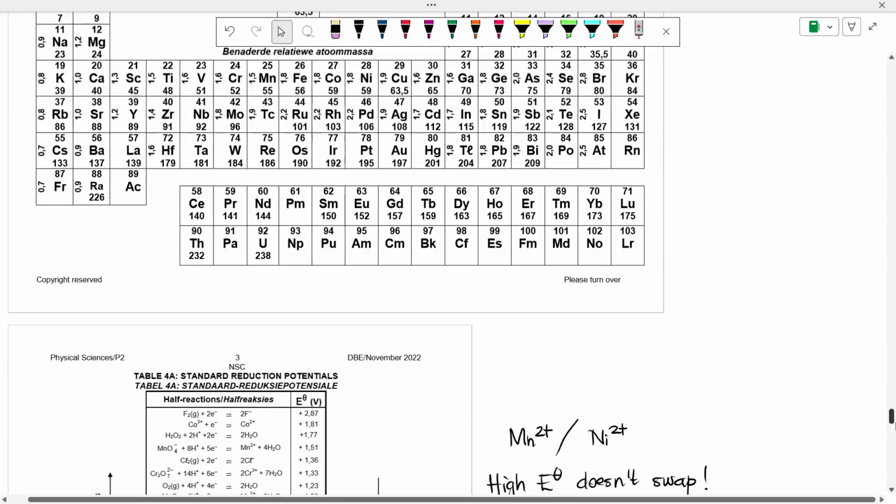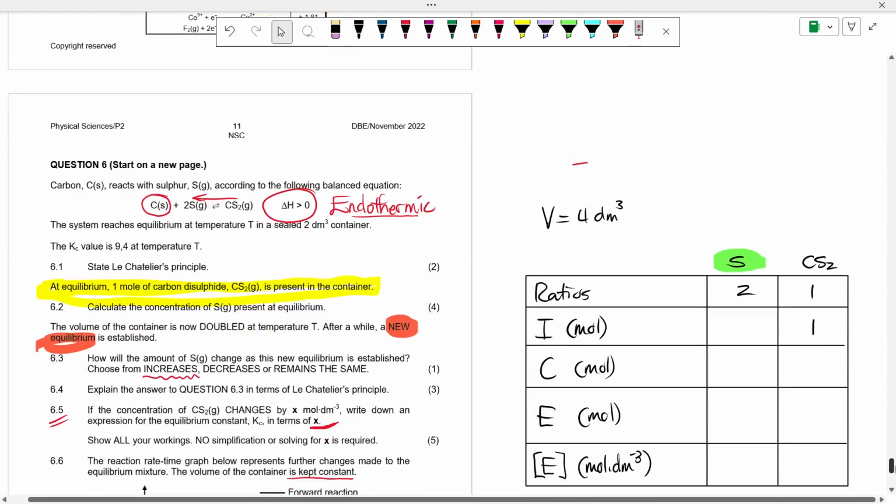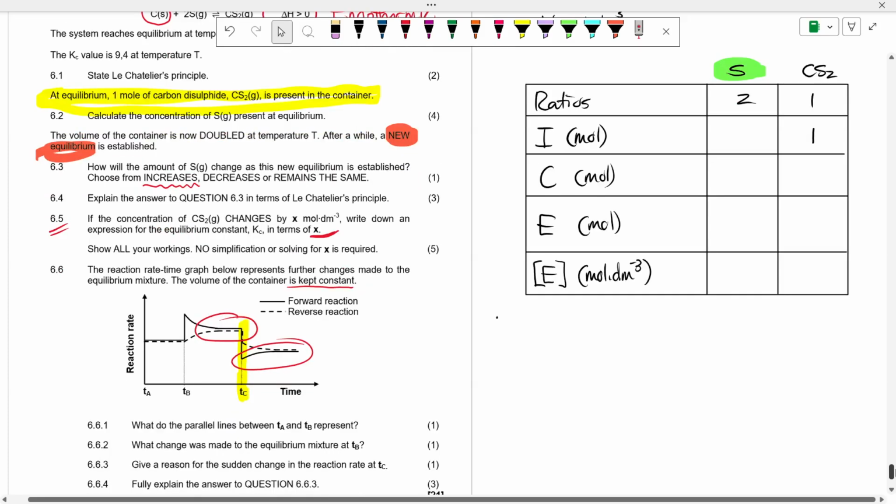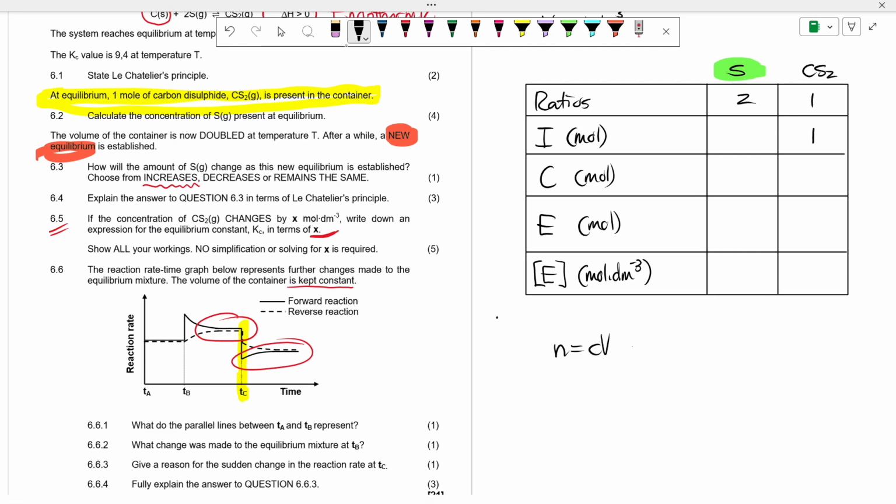So that's going to be 0.23 times 2, because it was before it doubled. Okay, it makes sense. 0.23 times 2. At the first equilibrium, the volume was 2. So we get what? 0.46 moles.